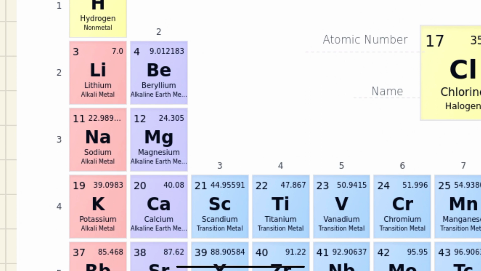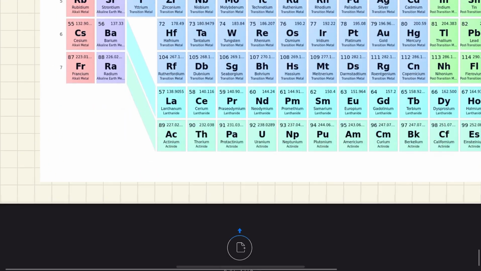Sodium has 11, and let's round the other number off to 23. So let's write down the configuration: we have sodium 11 and 23.